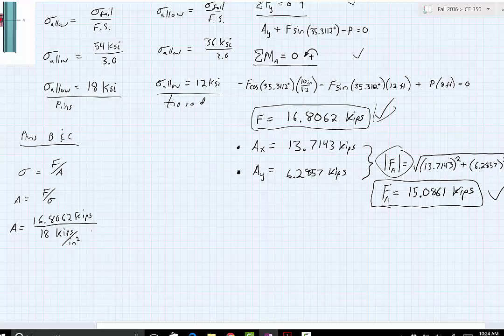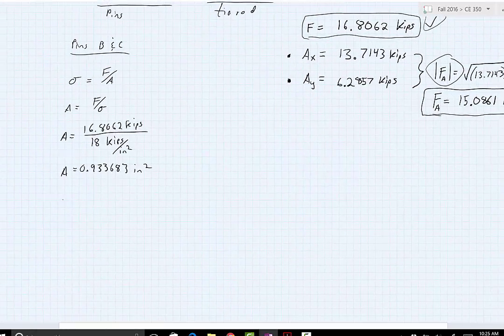I'll write it like that so we can see our units divide out. 16.8062 divided by 18 equals, I got our area equals 0.933683 inches squared.